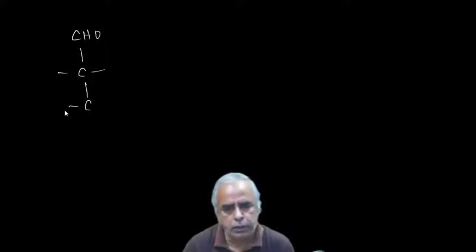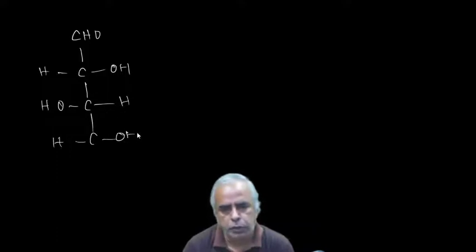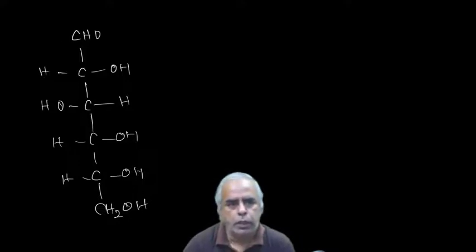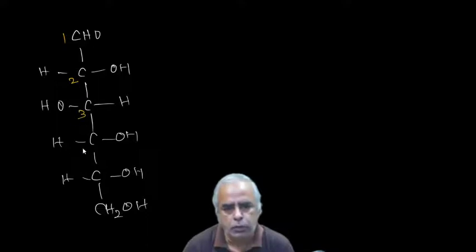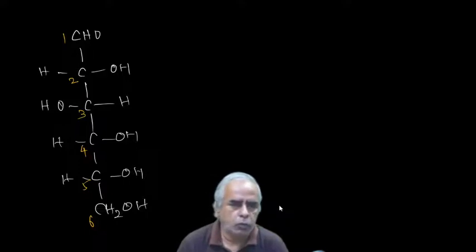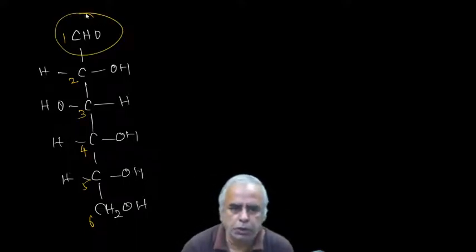As I already suggested, the third carbon atom will be positioned like this, the HOH, and otherwise they are HOH, HOH, HOH, and this is CH2OH. As I already mentioned, this is the first carbon atom, second, third, fourth, fifth and sixth. Please take down. And this is called the potential aldehyde group.